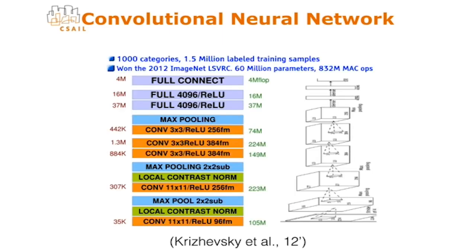Okay. So here's an illustration of an actual architecture that was the first fully neural network, end-to-end learned architecture that won the 2012 ImageNet competition. Okay, so it has initially 96 different little classifiers, 96 different feature maps.